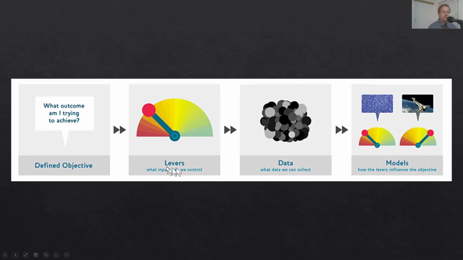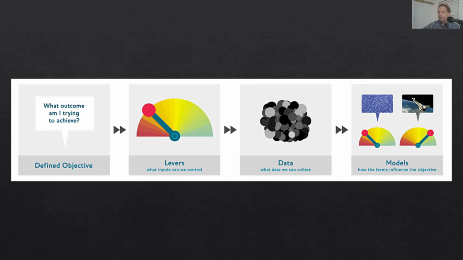So if I start increasing my price to people who are likely to crash their car, then we'll get fewer of them, which means we'll have lower costs, but at the same time we'll also have less revenue coming in, for example. So to link the levers to the objective via the data we collect, we build models that describe how the levers influence the objective.